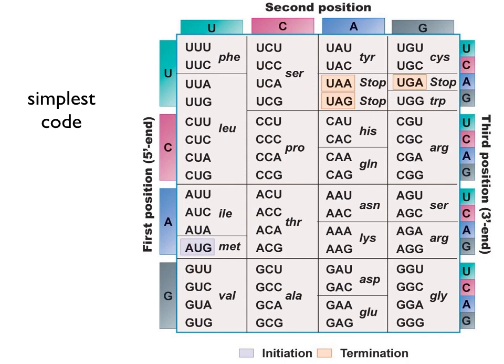So 2 things I want you to note here. The code is unambiguous, and it is also degenerate. Those are 2 things that were mentioned on the previous slide, and I want to show you, using this table, how both of those are true. The code is unambiguous because each of these 3-letter combinations, like GUG, codes for only one amino acid, in this case valine, VAL.